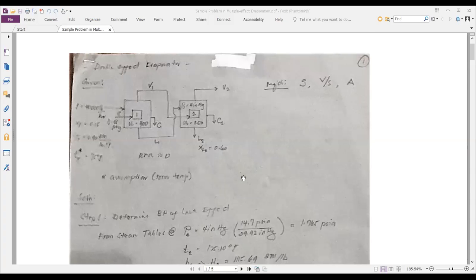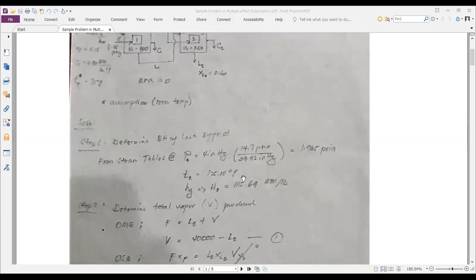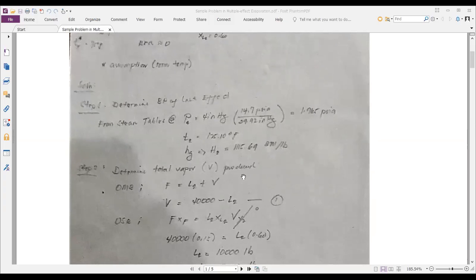Okay, so the solution of this problem actually follows the steps that were itemized in the slides, or stated one by one chronologically in the slide. So now, first step is you determine the boiling point of the last effect. So our last effect has a pressure unit in inches mercury. So we need to convert that to pounds per square inch, absolute.